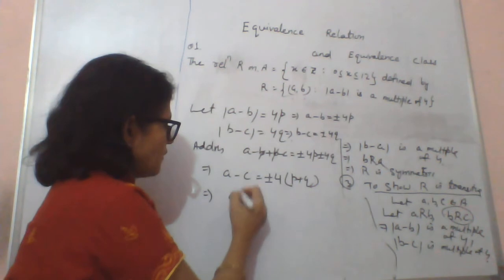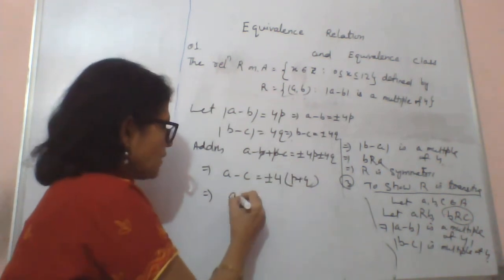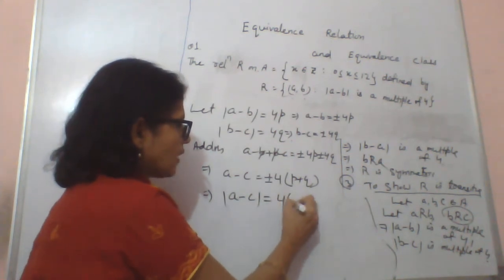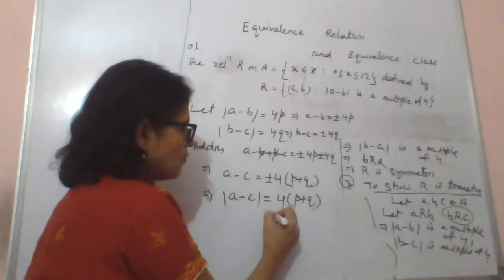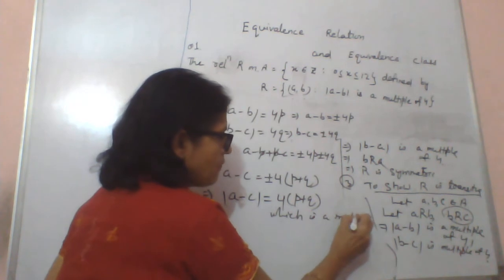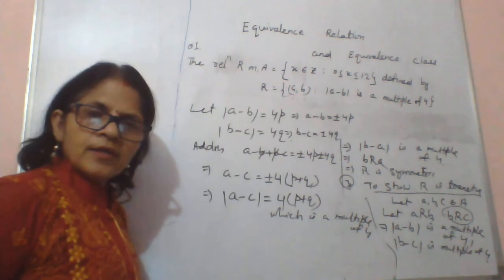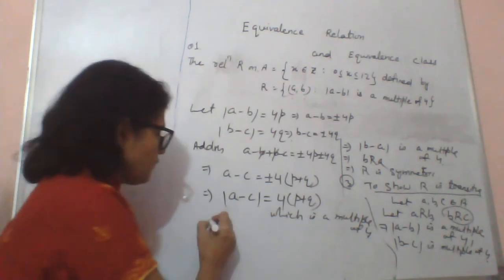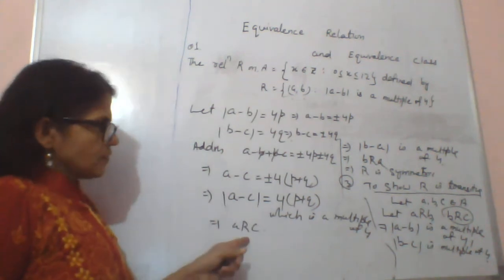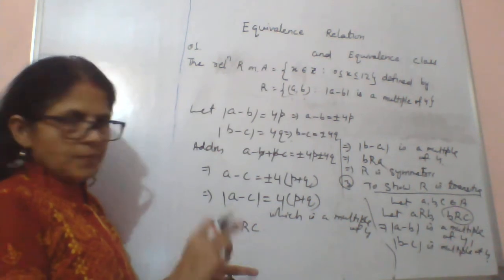So if I write here, and obviously we are taking the sign in that order. A minus C mod equal to, you are getting here 4 times P plus Q, which is a multiple of 4. So now you are getting mod A minus C is a multiple of 4. This means ARC. So which gives us R is transitive because we have taken ARB, BRC.